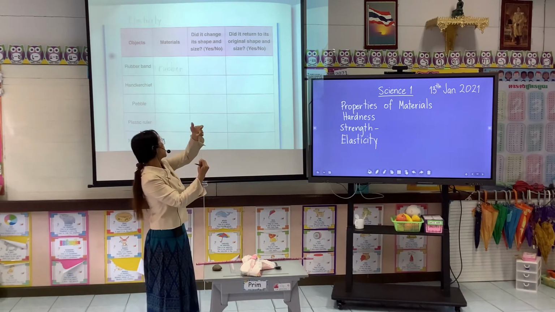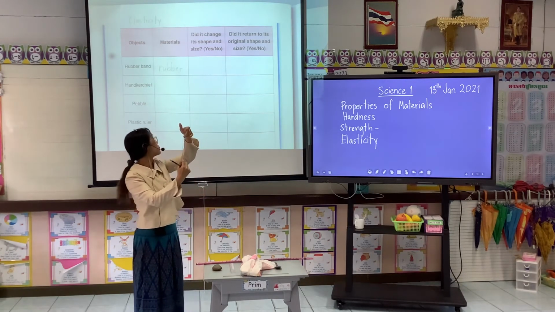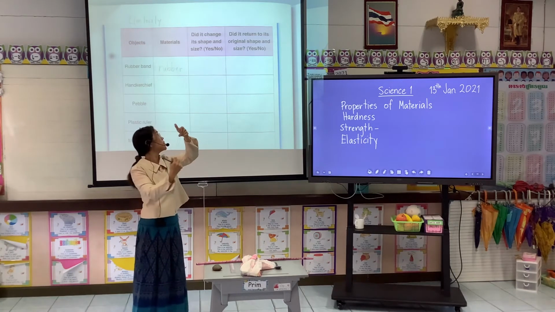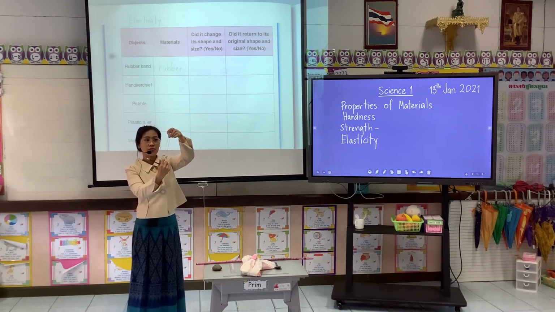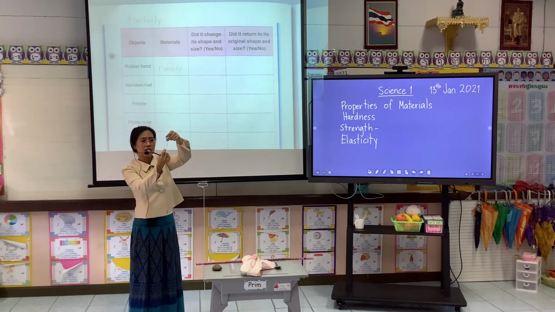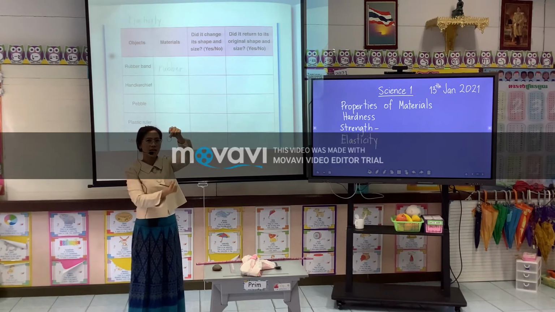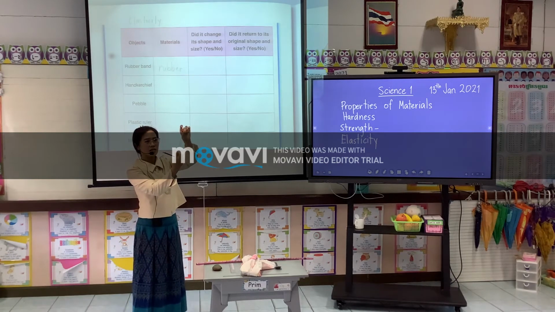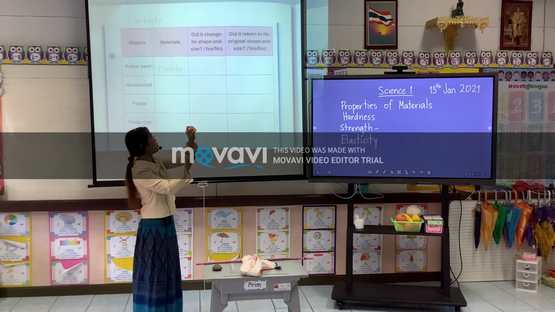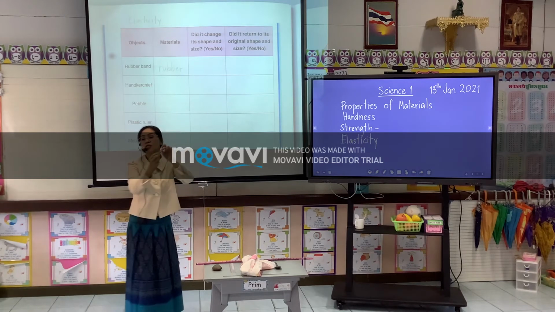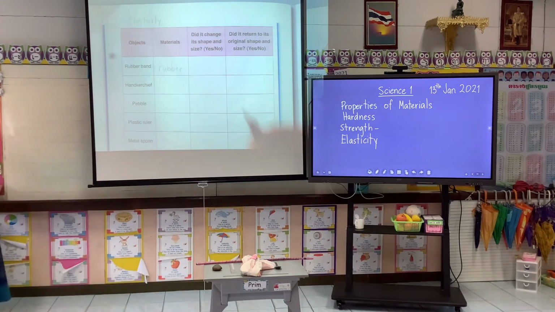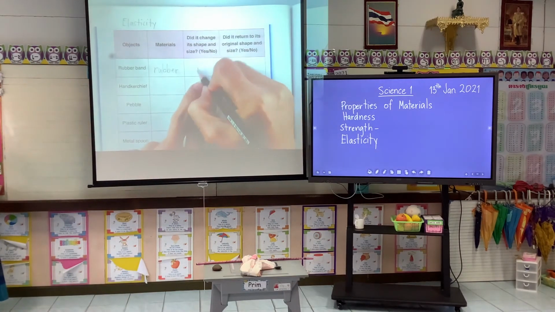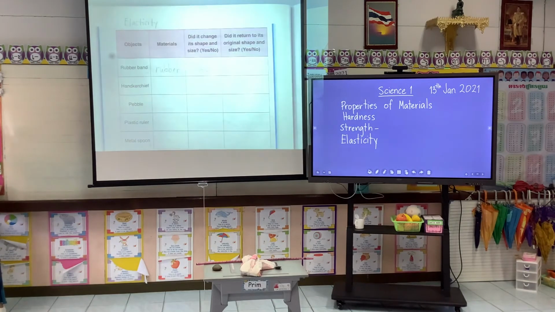So we will stretch the rubber band. Did it change its shape and size? Yes. At first, it looks like this, and then when we apply force, it stretches, and the size and shape change. So yes, Y-E-S.